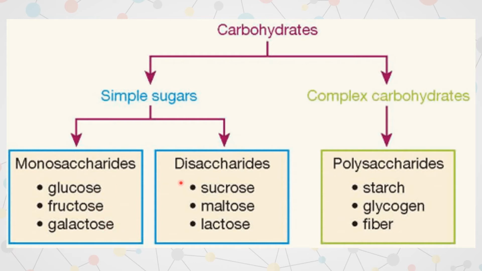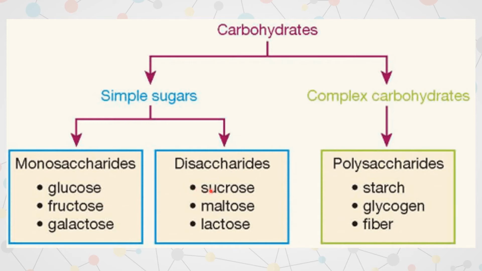On the other hand, the disaccharides are composed of two subunits of sugars. These disaccharides are formed from the combination of two monosaccharides. For example, sucrose comes from the combination of one molecule of glucose and another molecule of fructose. Once glucose combines with fructose, they produce one sucrose.